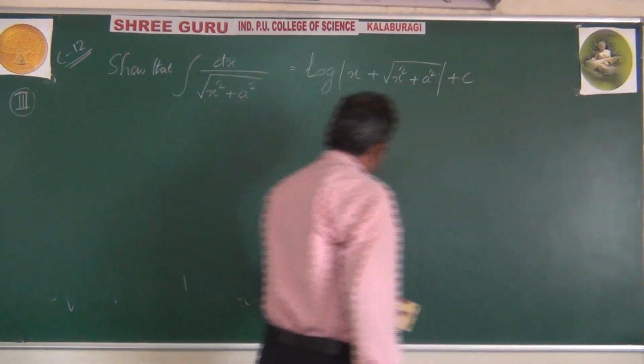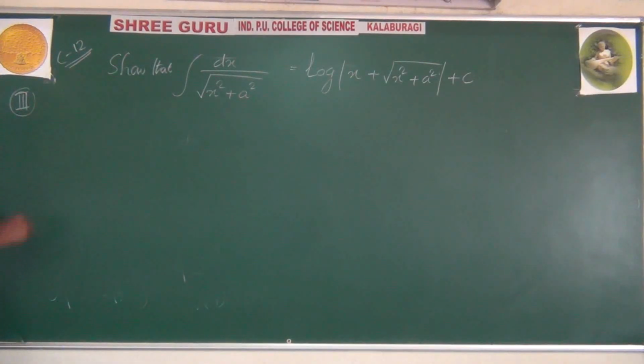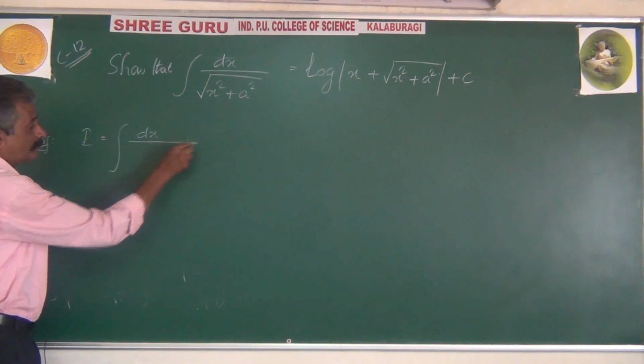First step, take a solution or proof. Let I equal integration dx divided by square root of x square plus a square.